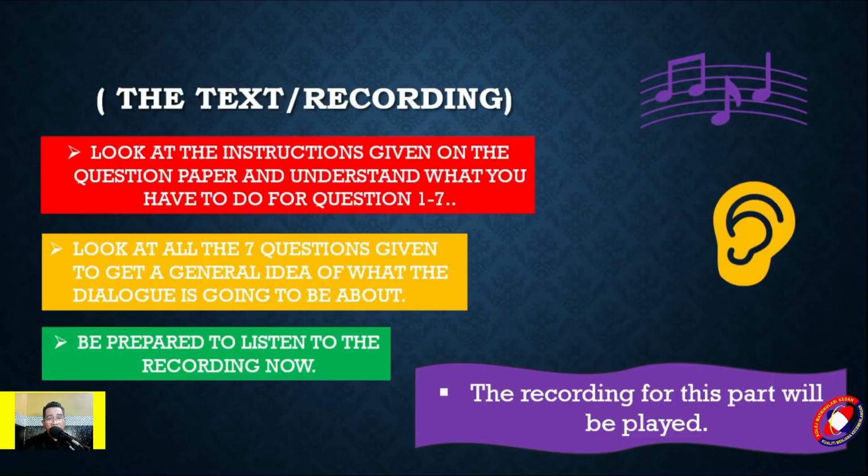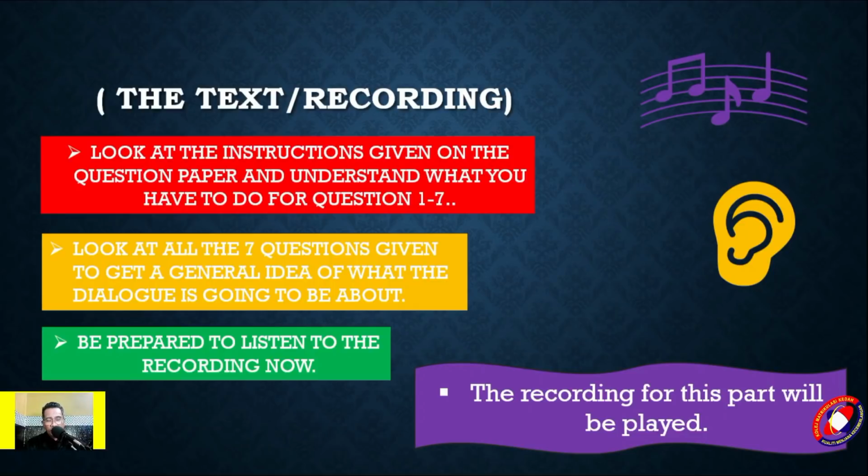Okay, the text or recording. Again, look at the instruction given on the question paper and understand what you have to do for question 1 until 7. Look at all the 7 questions given to get a general idea of what the dialogue is going to be about, so that you'll be mentally prepared. Be prepared to listen to the recording now. I'm saying during the test, right? As you are mentally prepared, you have to look at all the 7 questions.